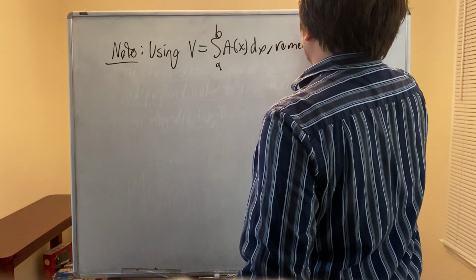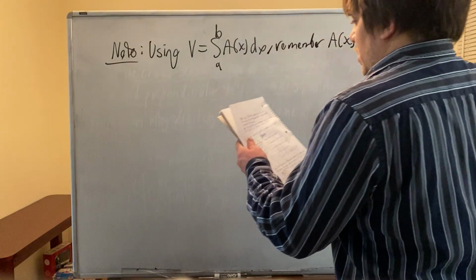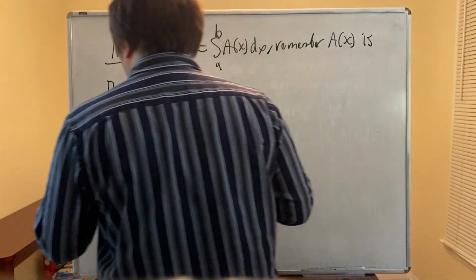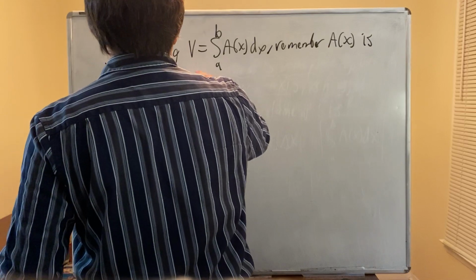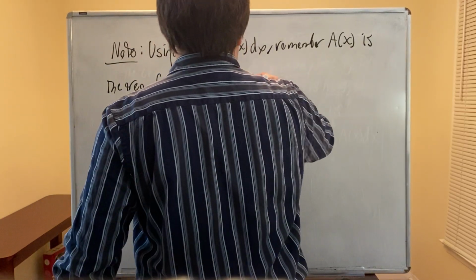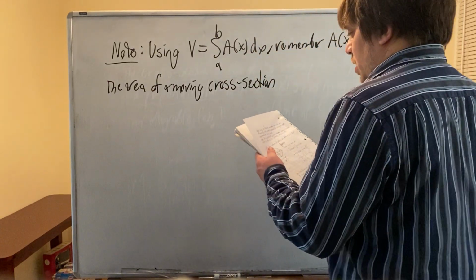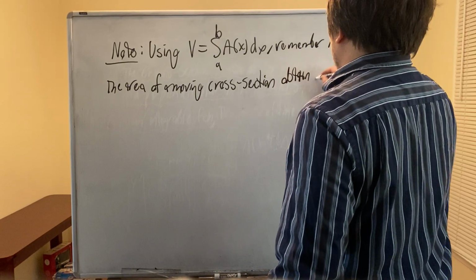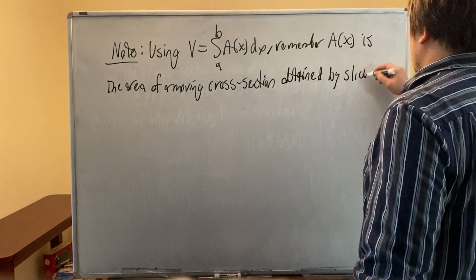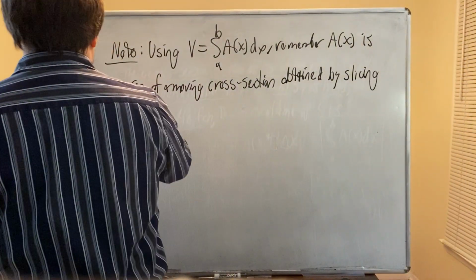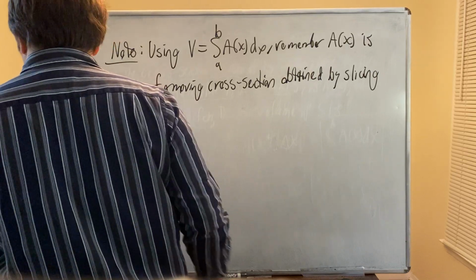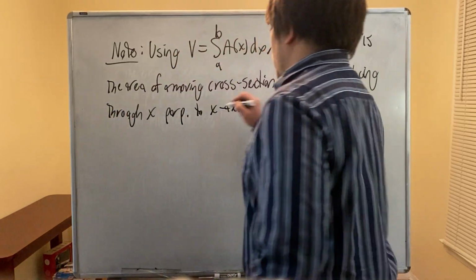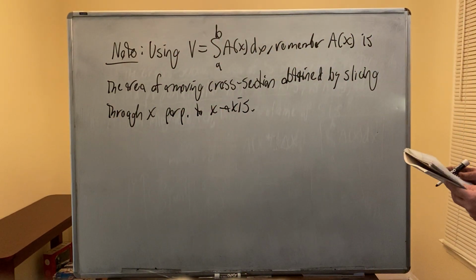Remember, this is what I was saying: A of x is the area of a moving cross section obtained by slicing through x perpendicular to the x-axis. Okay, perp is short for perpendicular to the x-axis.